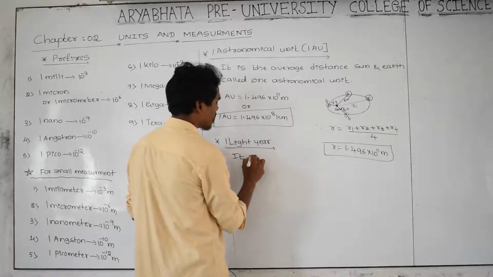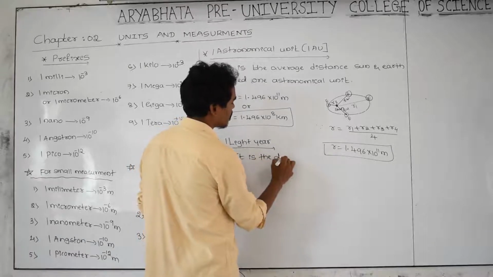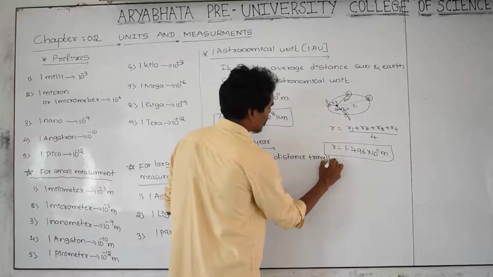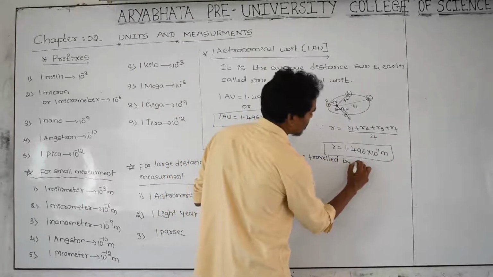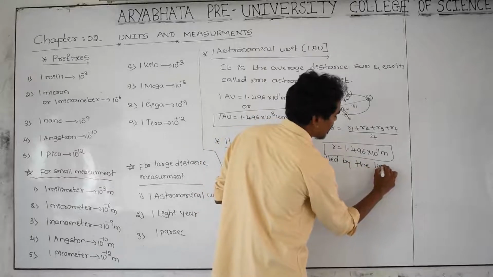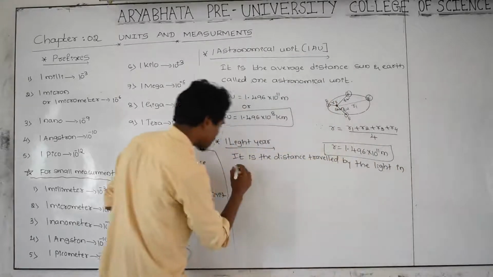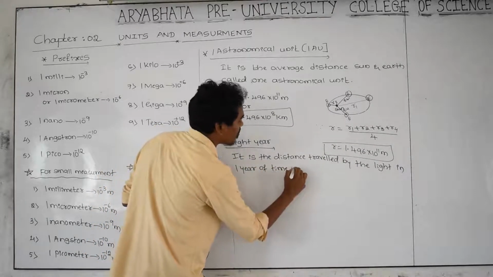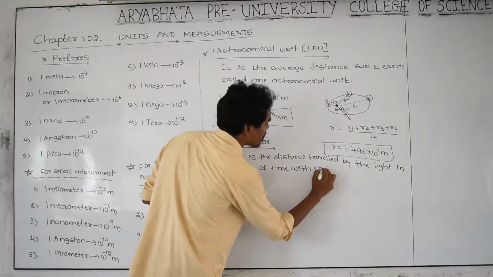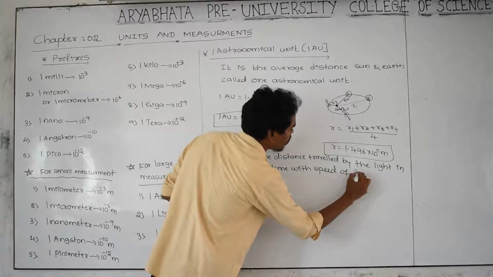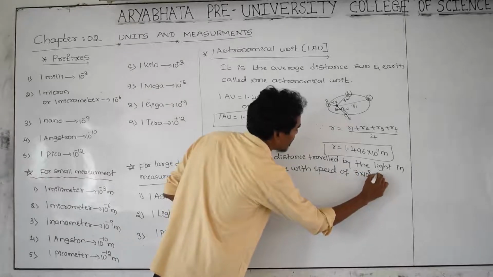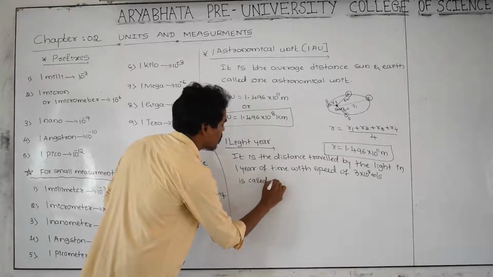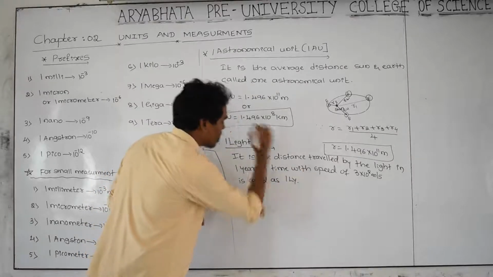It is the distance traveled by the light in 1 year of time with the speed of 3 into 10 to the power 8 meter per second, which is called 1 light year.